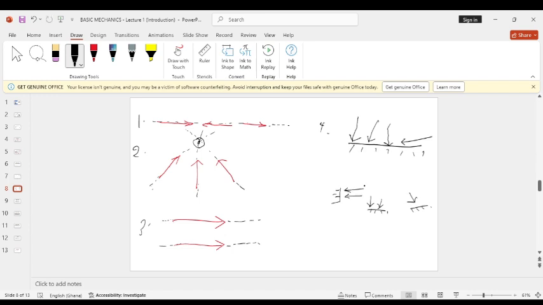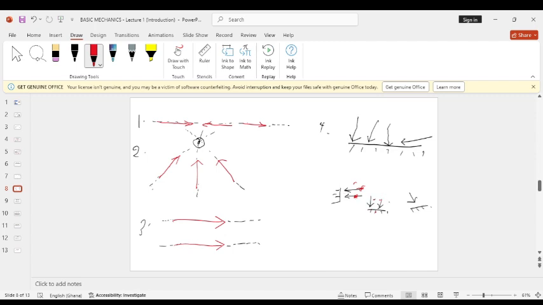Let me do it this way. We can say this particular force and this particular force here, they are acting on this particular plane, therefore they are a coplanar force system. But these two force systems, compared to these ones, are all acting in different planes.